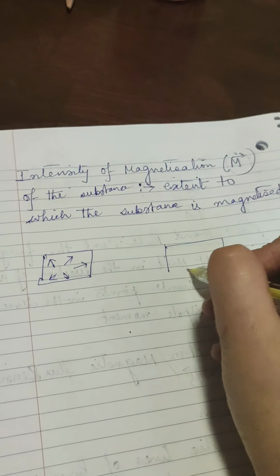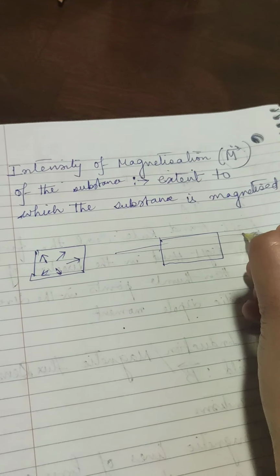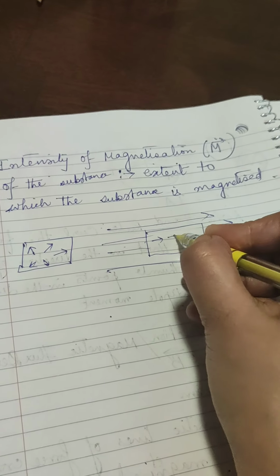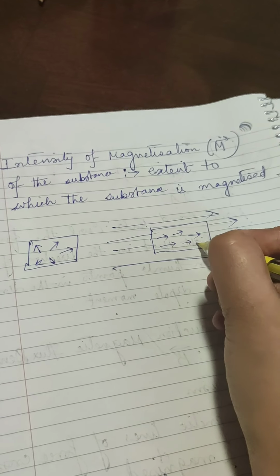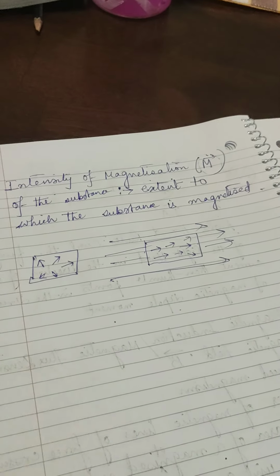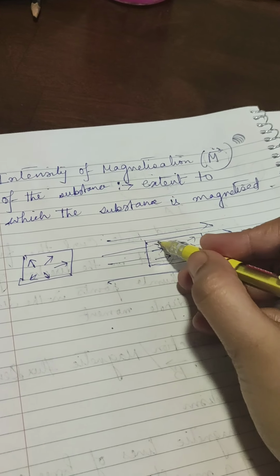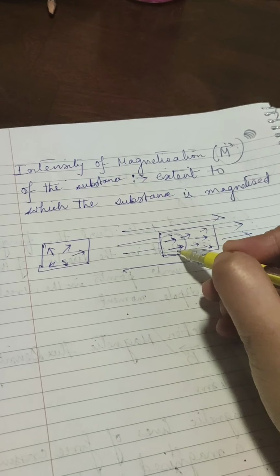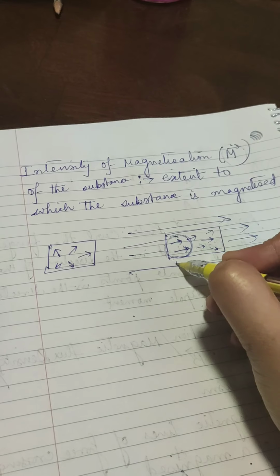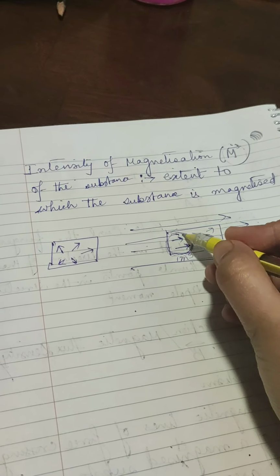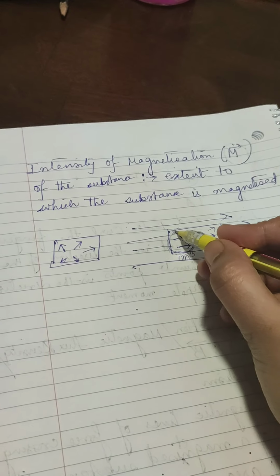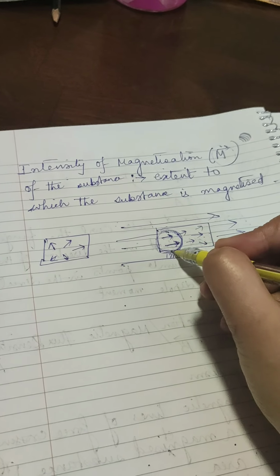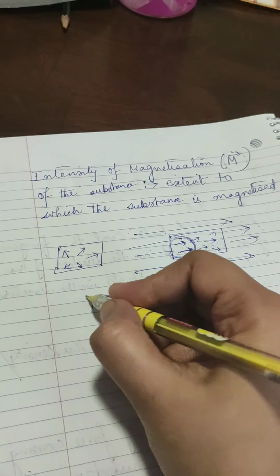Now you apply an external magnetic field to the substance. All the atomic dipoles, or most of the atomic dipoles, have aligned in the same direction except for a few. Now in a unit volume, what is the magnetic dipole moment? If 2 atomic dipoles have aligned in the same direction in this 1 meter cube, the net magnetic dipole moment of these 2 atomic dipoles will give you the magnetization of the substance.